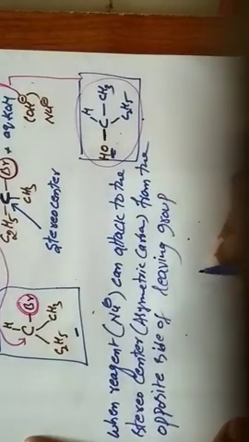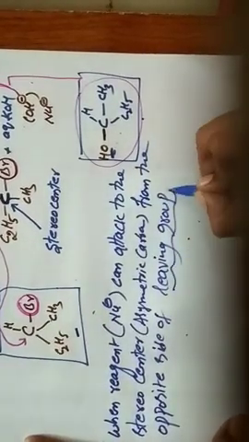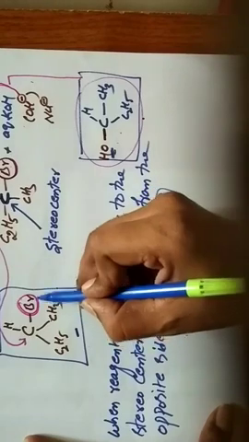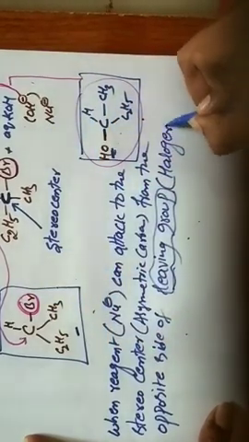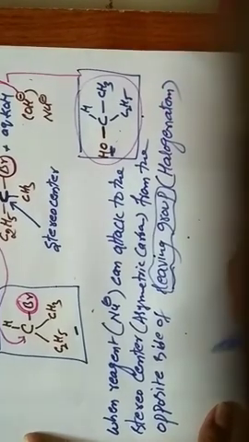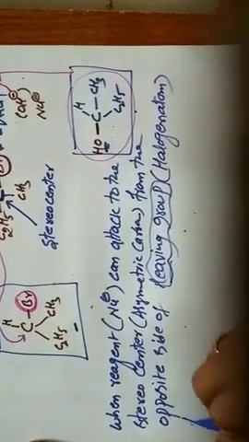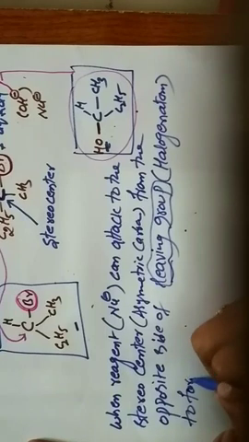What is the leaving group? Here we use one term. Leaving group means bromine is removed, in brackets, halogen atom, to form the product.